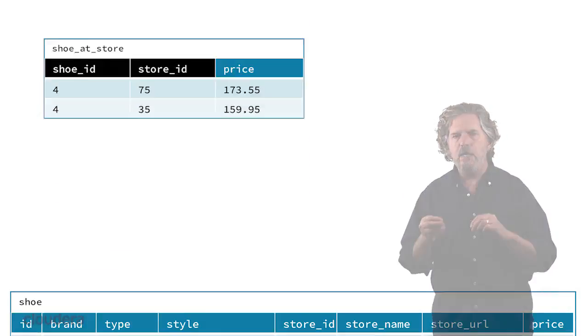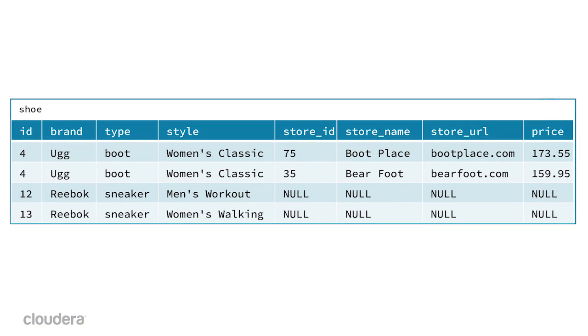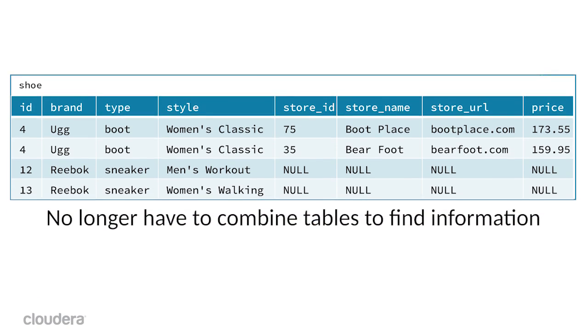Here's a single denormalized table that pre-joins the tables. Now, a query on this new table does not need to include any join to find all the information that was previously stored in three tables. Such a query may be faster because it doesn't have to do the work of combining different tables.